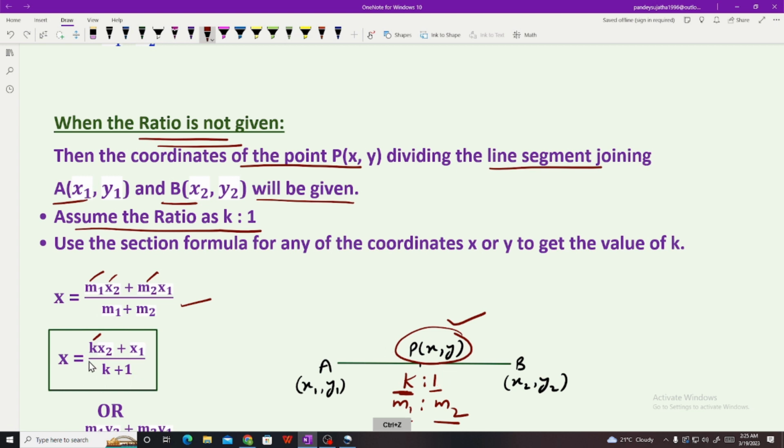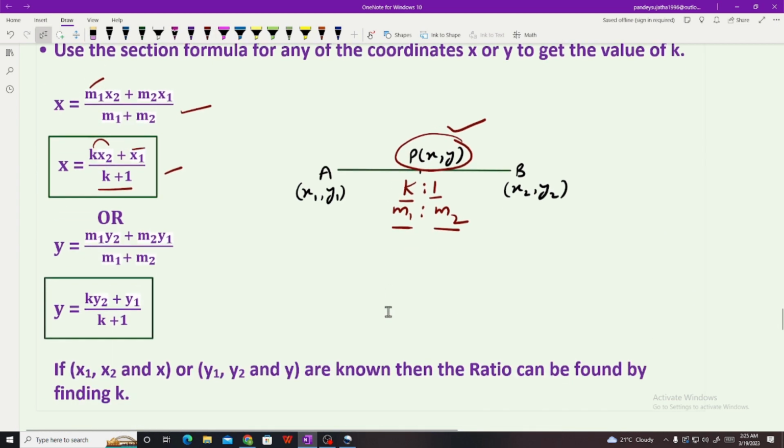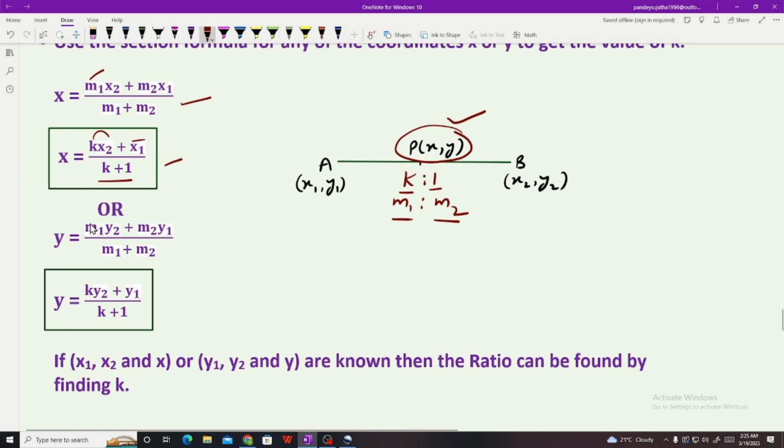So x is equal to k into x2 plus x1 upon k plus 1. So this will be your x coordinate. For the y coordinate, the same way, if in place of m1 and m2 I replace the value as k and 1, I get the y coordinate as ky2 plus y1 upon the sum of ratio, that is k plus 1.